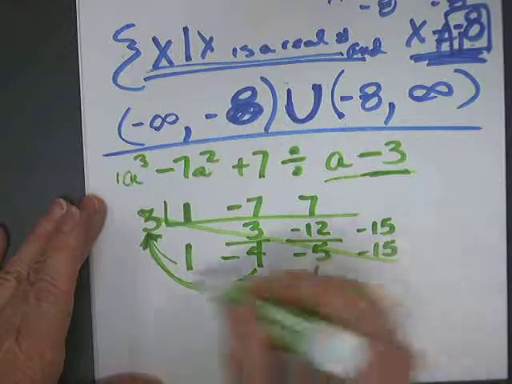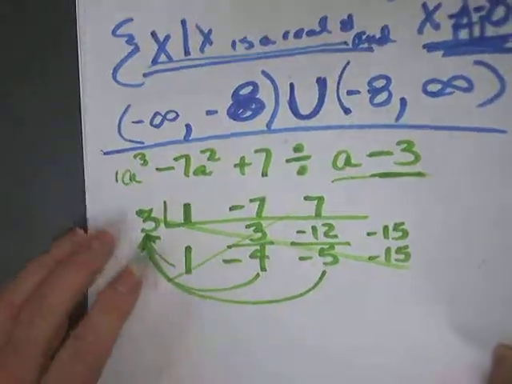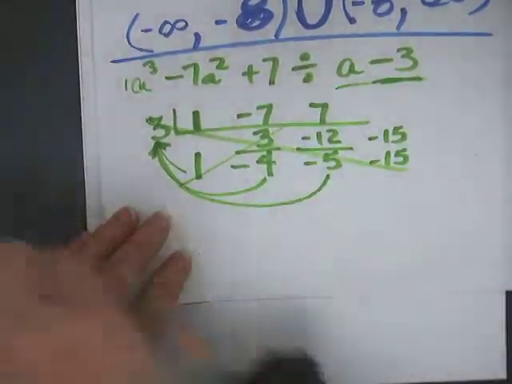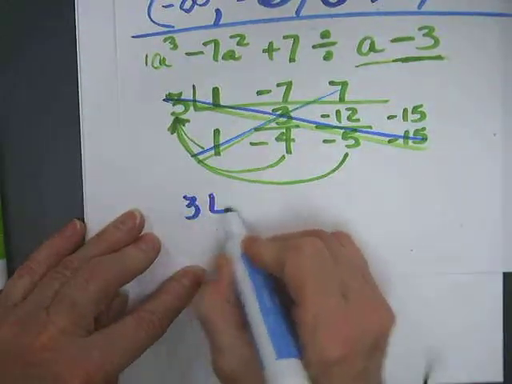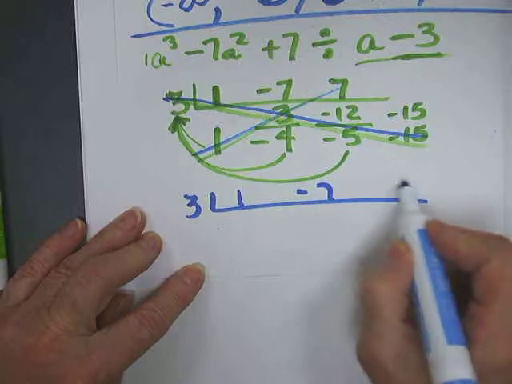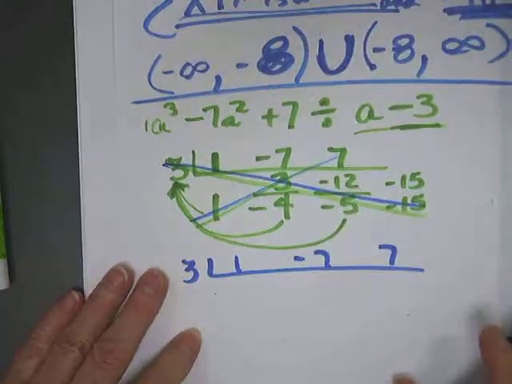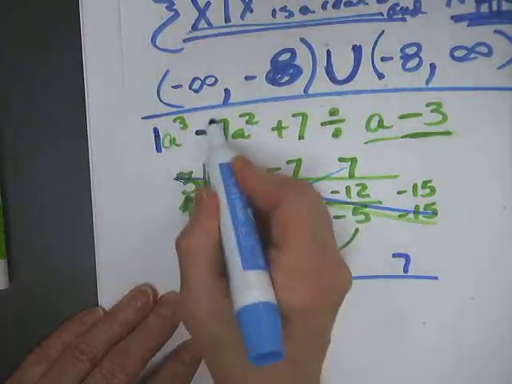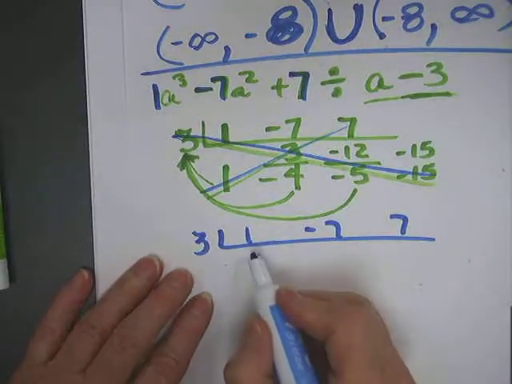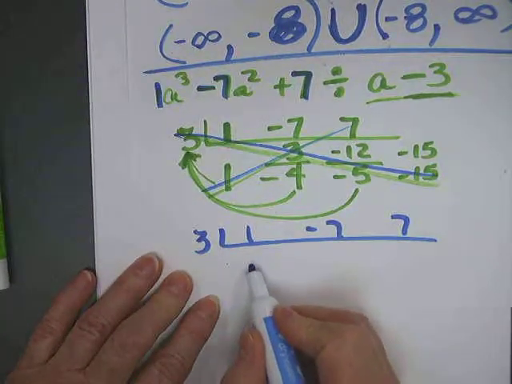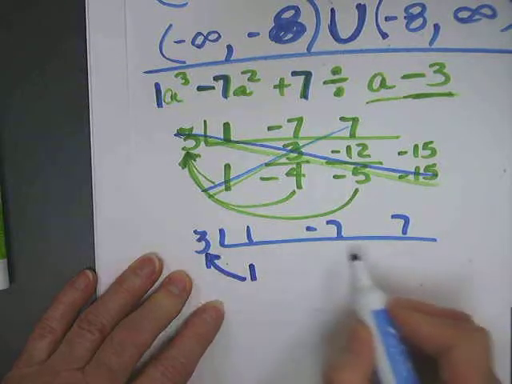Okay? Multiply that. -4 times 3 is, wait, did we bring something down? -12. Yeah. -12. 5. Multiply that.